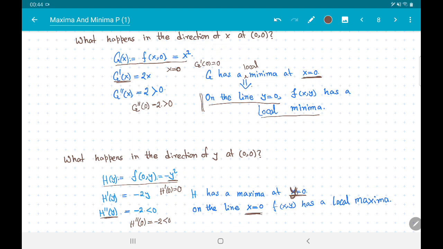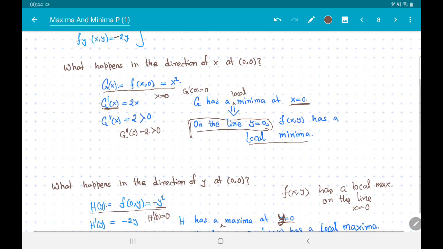So here what we have seen is that f has a local minima on the line y equal to 0, and here we have seen that f(x, y) has a local maxima, in fact, on the line x equal to 0, which is the y-axis.